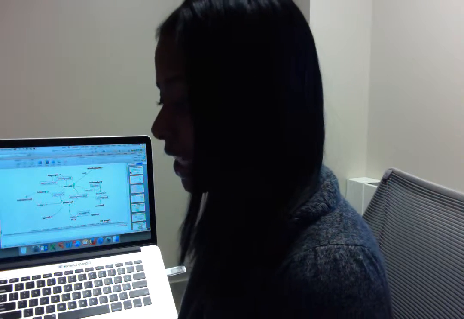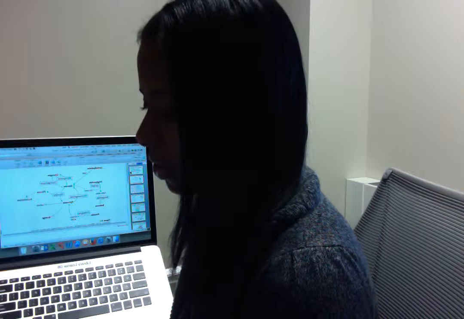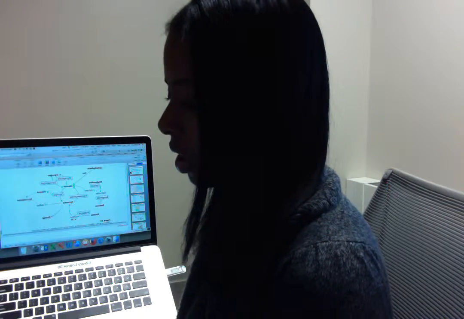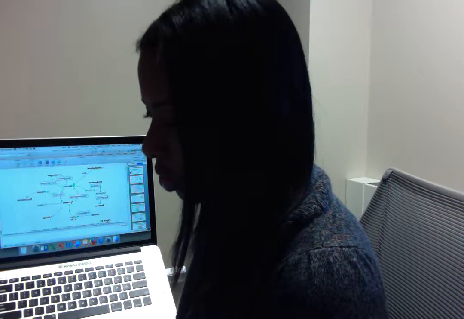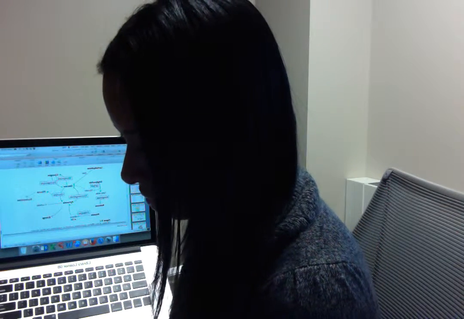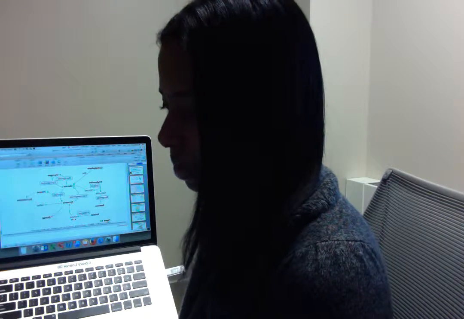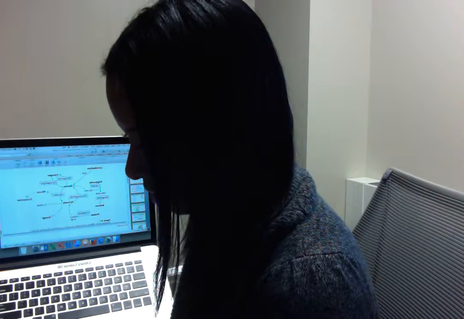Or in addition, that glucose molecule can be stored, at least some of it, in a process we call glycogenesis. So glycogen is the storage form of a glucose molecule, and glycogenesis is the process of making that glycogen molecule. And so it's illustrated here. You take in the carbohydrate from the diet.